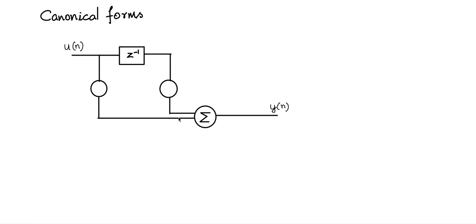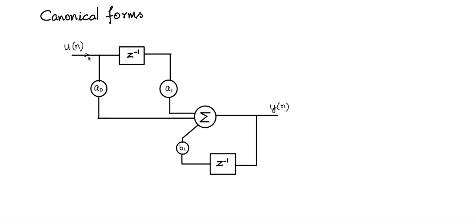Let me include the IIR structure also. So A0, A1, these are the scale factors, U(n), Y(n), and let me take the feedback, pass it through another unit delay block, and have a scale factor B1 here, connect it in this way.